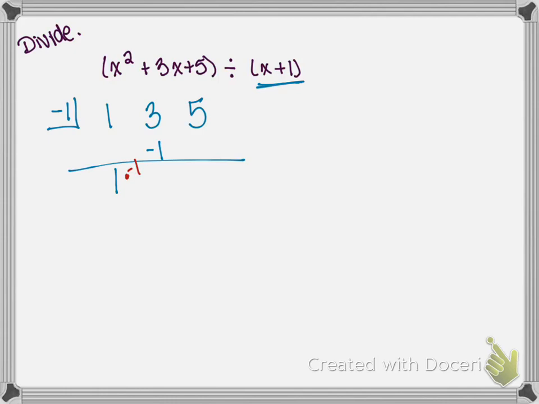What is 3 and negative 1? 2. Now I multiply 2 times negative 1. What do I get? Negative 2. What's 5 and negative 2? 3. 3 is my remainder. Is that the remainder I got when I did long division?